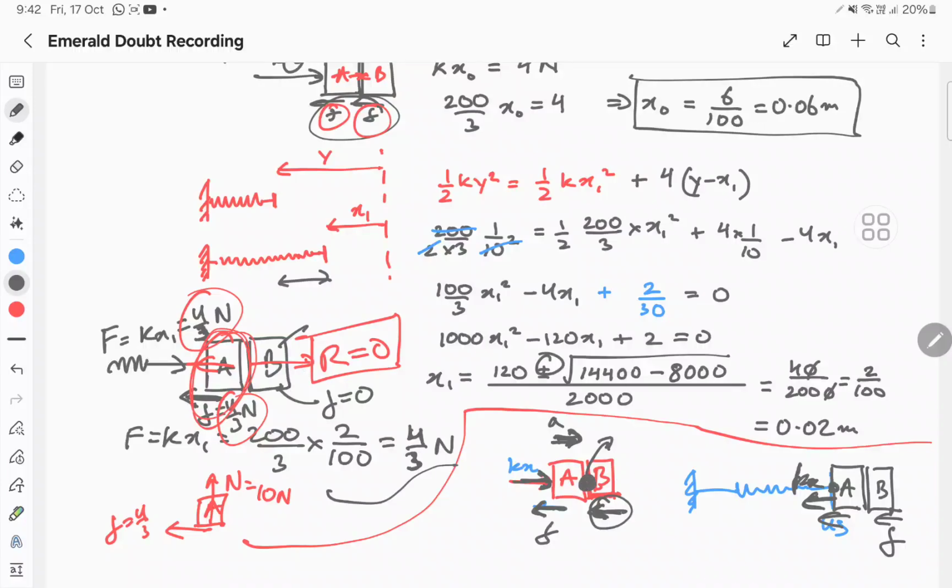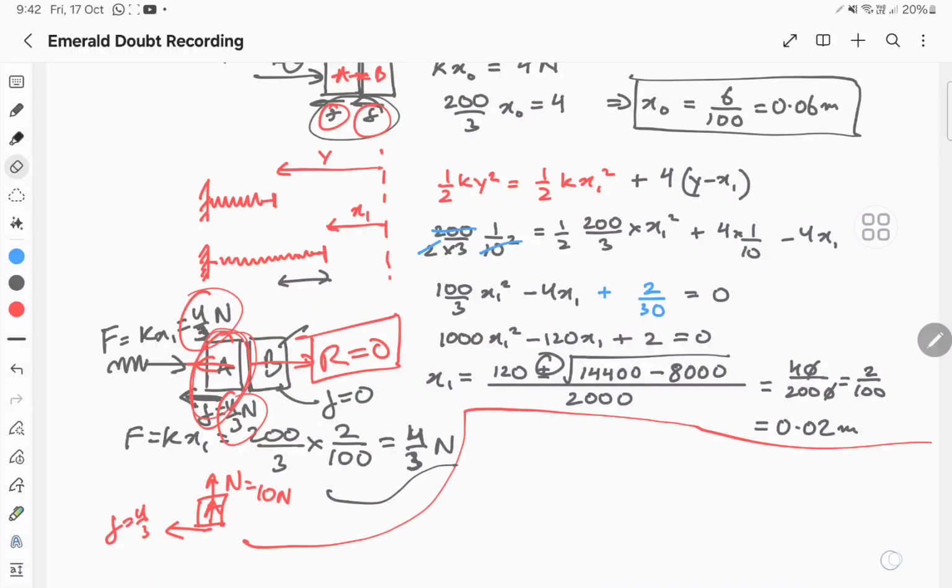So we have to see whether the body stops with this new value of k, with k equal to 100, before the unstretched position or not. If it stops before the unstretched position, then the body is never separating out. The action reaction may become 0 when they stop, but if it doesn't stop before the unstretched position, then the body will separate out.